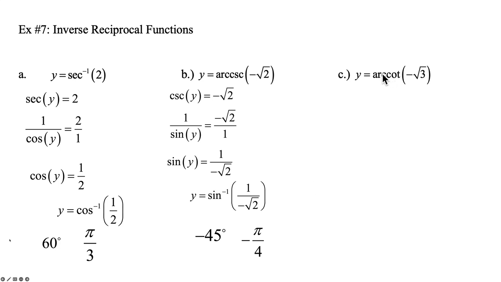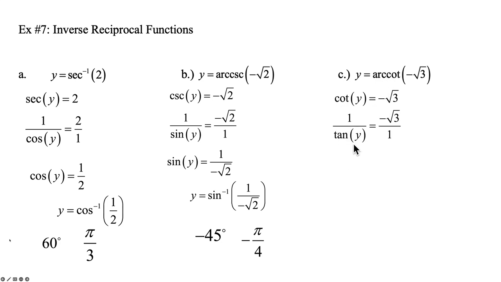And then C, arc cotangent. All right, or inverse cotangent, its reciprocal is tangent. I'm thinking inverse tangent. And let's take the reciprocal of that, 1 over negative square root of 3. So again, that's my logical guess. That's my shortcut. If you forget the shortcut, take the cotangent of both sides, cancel out that arc cotangent.